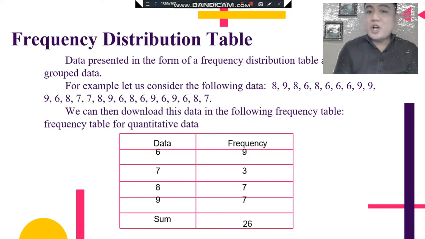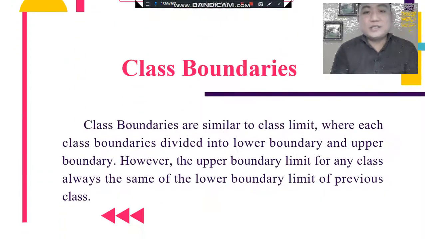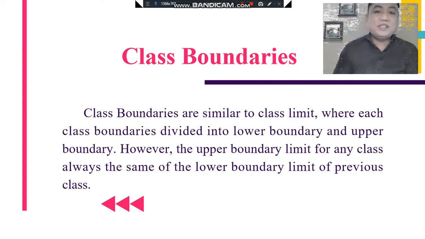There are 9, 6, 3, 7; 8 is 7, 9 is 7, for a total of 26. Class boundaries are similar to class limits, where each class boundary is divided into a lower boundary and an upper boundary. However, the upper boundary for any class is the same as the lower boundary of the next class.